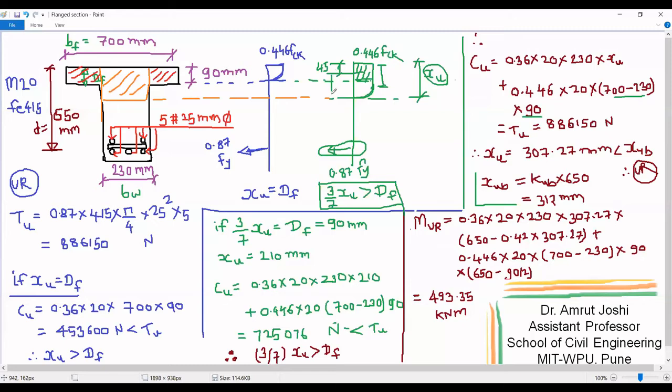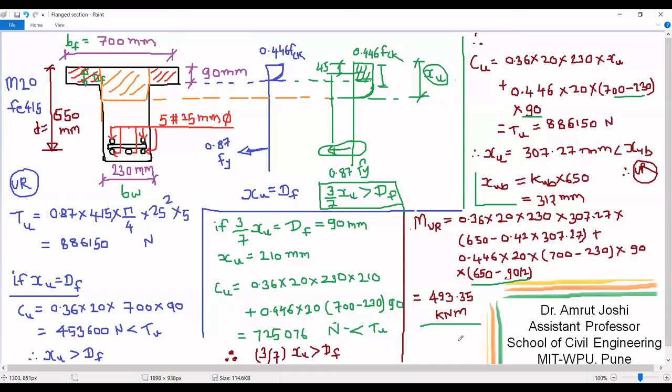Therefore the lever arm is going to be d minus this 45. So 650 minus 90 by 2. And the compressive force acting on this portion shaded in red is going to be 0.446 into 20 into 700 minus 230 into 90. So if we add these two contributions in moment of resistance, then the total moment of resistance of the section works out to be 493.35 kilonewton meter.